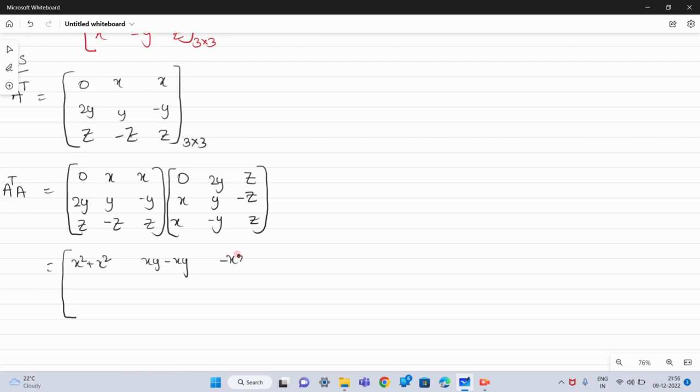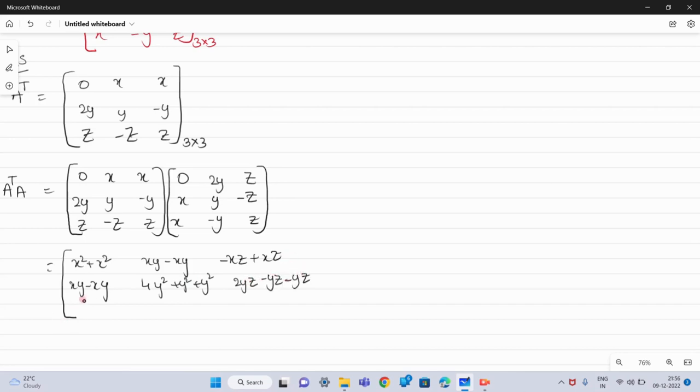You'll get minus xz plus xz. Next, second row with first column you'll get xy minus xy. Next with second column you'll get 4y square plus y square plus y square. With third column you'll get 2yz minus yz minus yz.